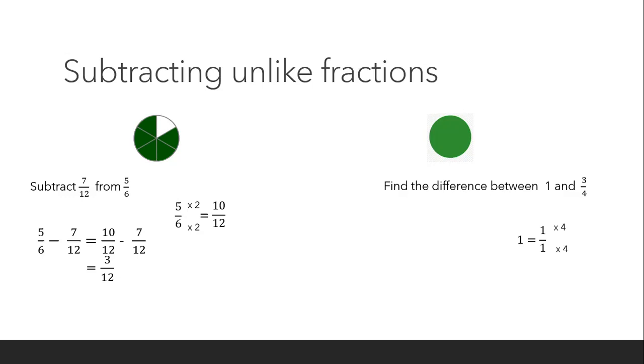And I get 1 times 4, 1 times 4, and my number 1, or my 1 whole, is now 4/4. Okay? And now I can go ahead and subtract 4/4 minus 3/4. 4 minus 3 equals 1, and my denominator stays the same.